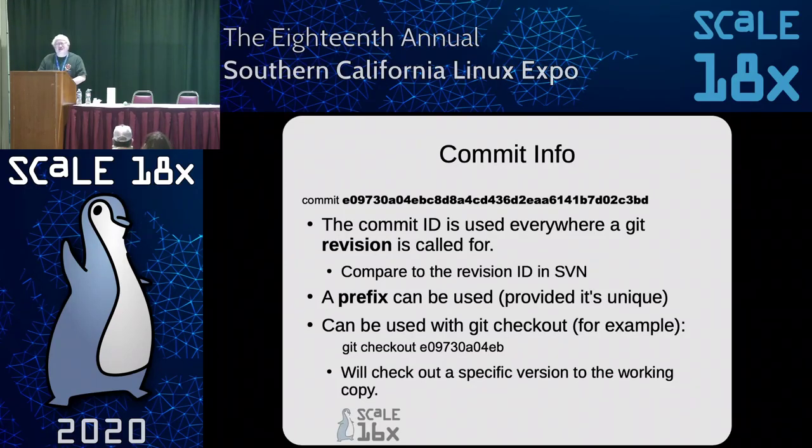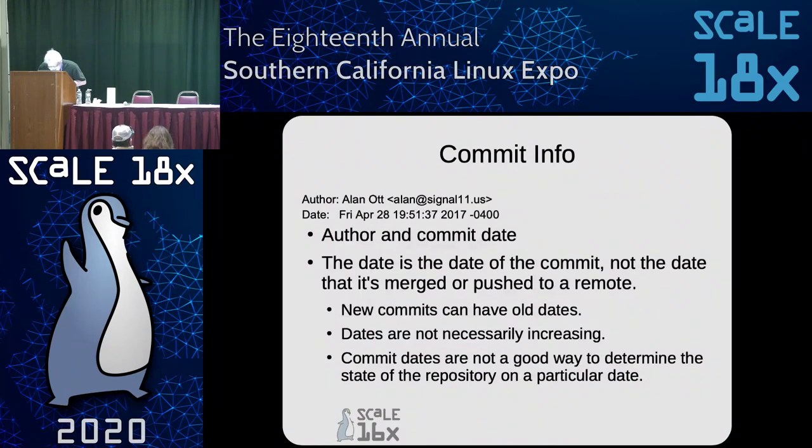In general, usually using only the first 6 to 8 characters is fine and a lot easier to do. You can also use it with git checkout to check out a particular point in history. So git checkout the hash or whatever. It'll check out a specific version to the working copy.